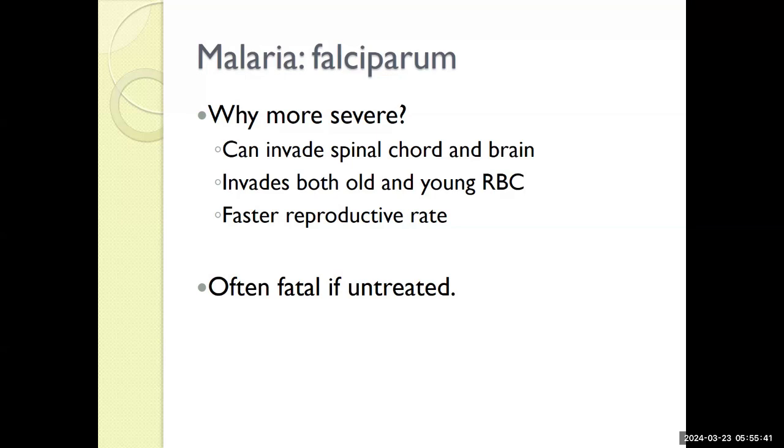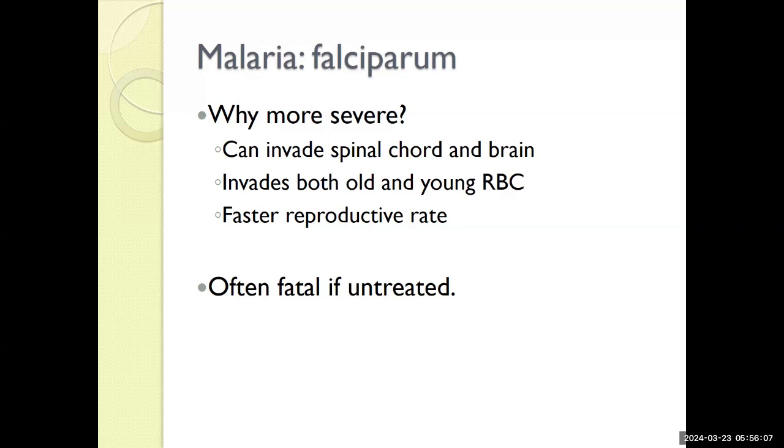Also, it's the only species that invades both old and young red blood cells. All the other species prefer to infect old red blood cells. And so when those blood cells die during the replication process, the body was prepared to replenish them anyway in short order. And so the human host is not working at a deficit for long.